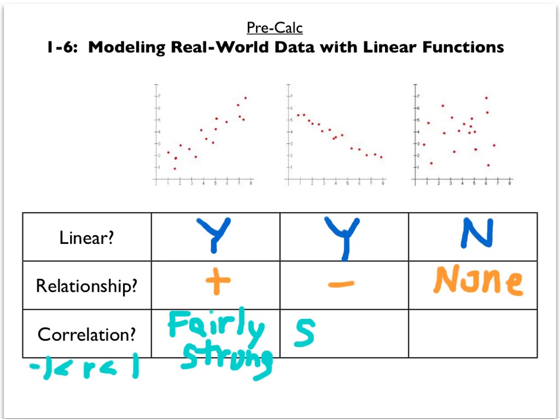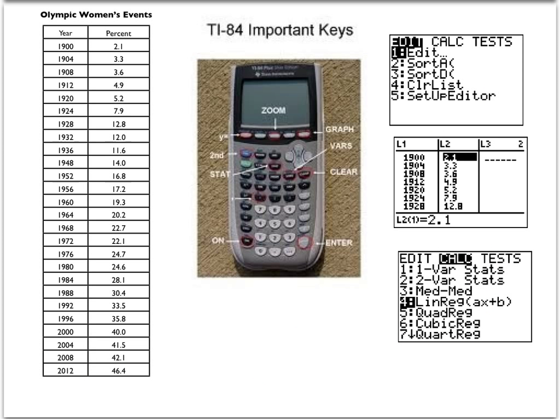Second one, I'm going to say it's definitely a strong correlation, and by strong I mean this r value here is going to be closer to 1 or -1. Won't be quite as good on this first one as the second one. And our last one, of course, we'll get a correlation number for it, but it's going to be pretty weak actually.